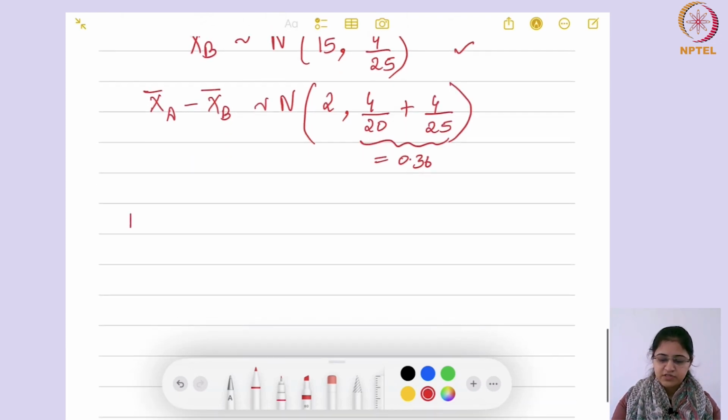When you are interested in finding the probability that this sample mean is greater than the other, you can simply standardize.